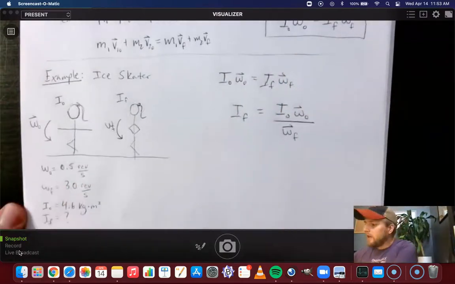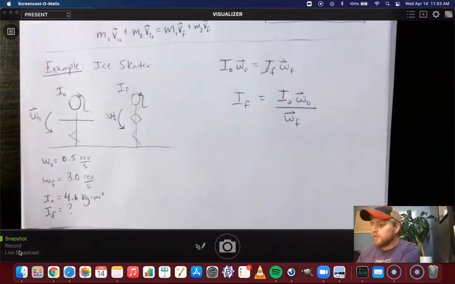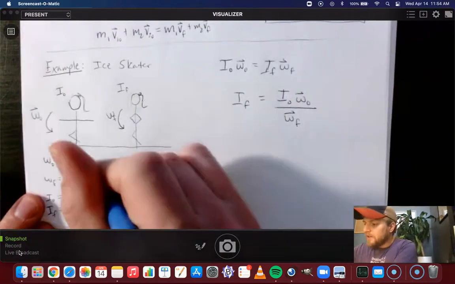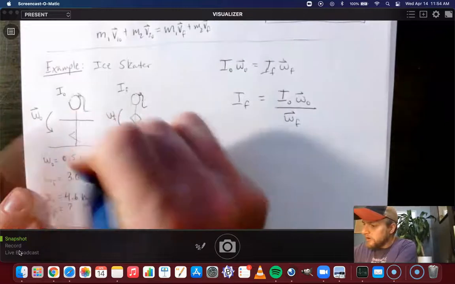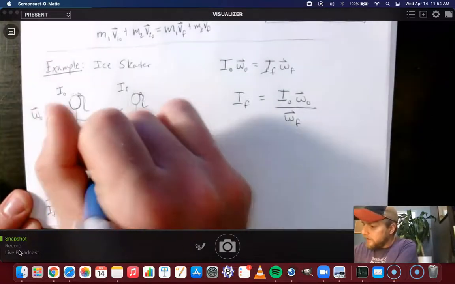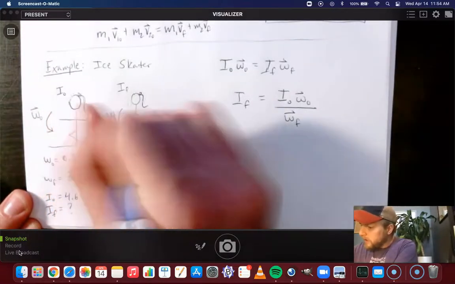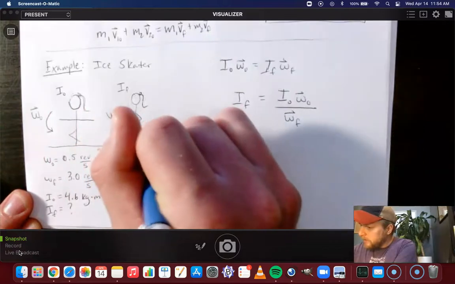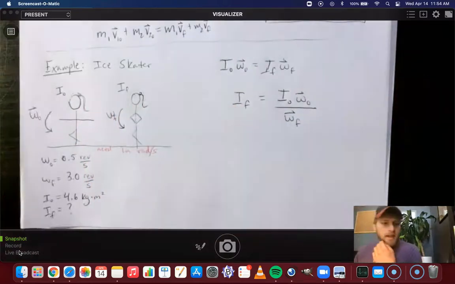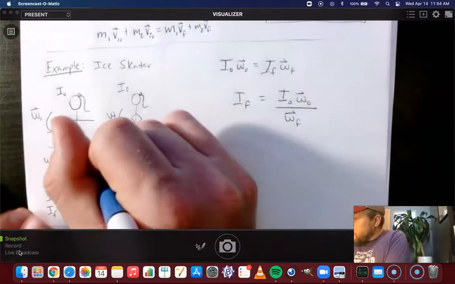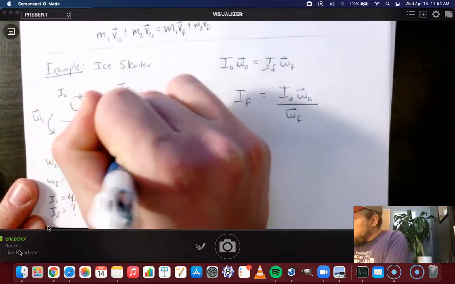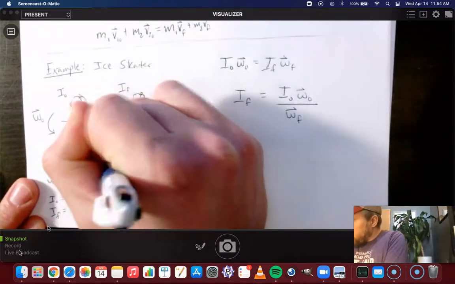When we plug in information to equations like this, everything needs to be in SI units. So this needs to be converted to radians per second. So I'm going to just make a note, need in radians per second. The easiest way to do that is to remind ourselves that 2 pi radians is exactly equal to 1 revolution.